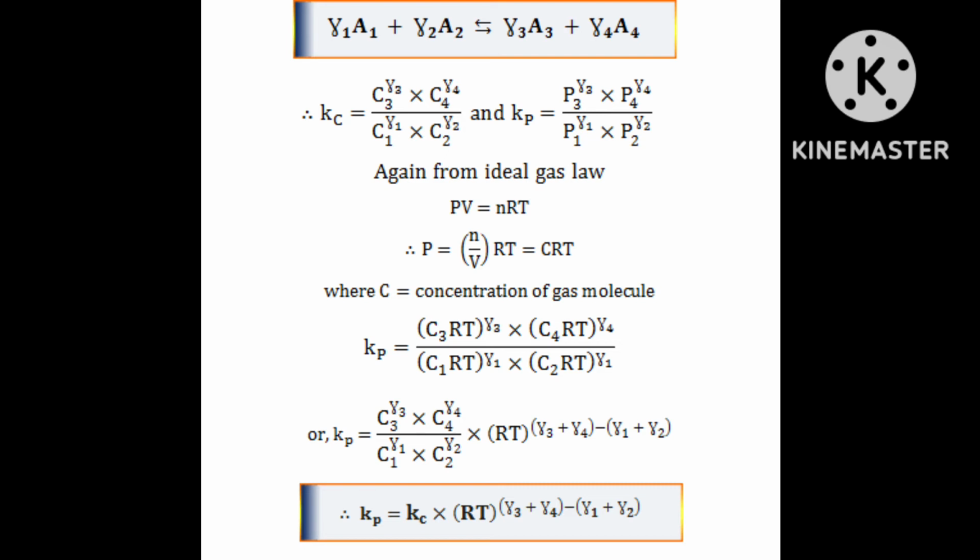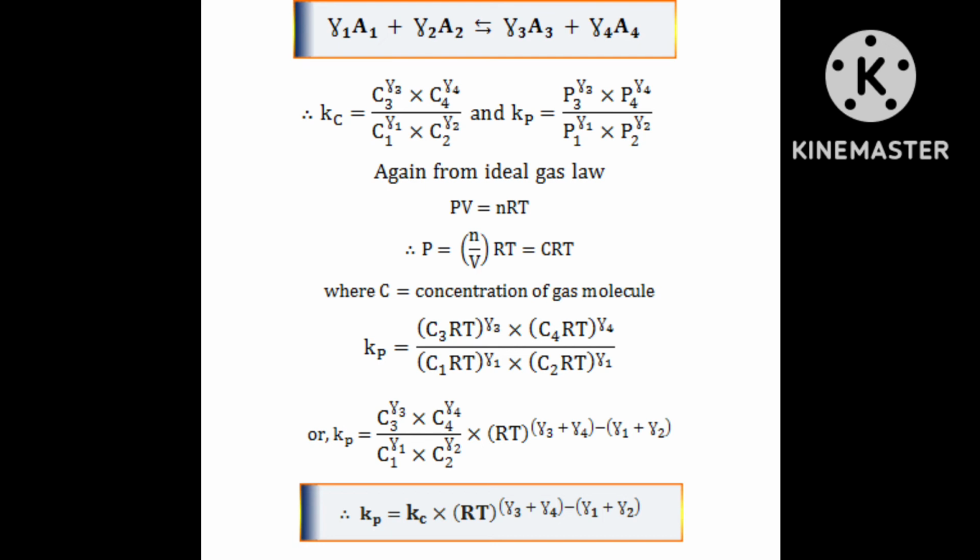Product is 2NH3, so you write pressure of NH3 power 2 divided by pressure of N2 into pressure of H2 power 3, because 3H2 is there, hence the power will be 3.